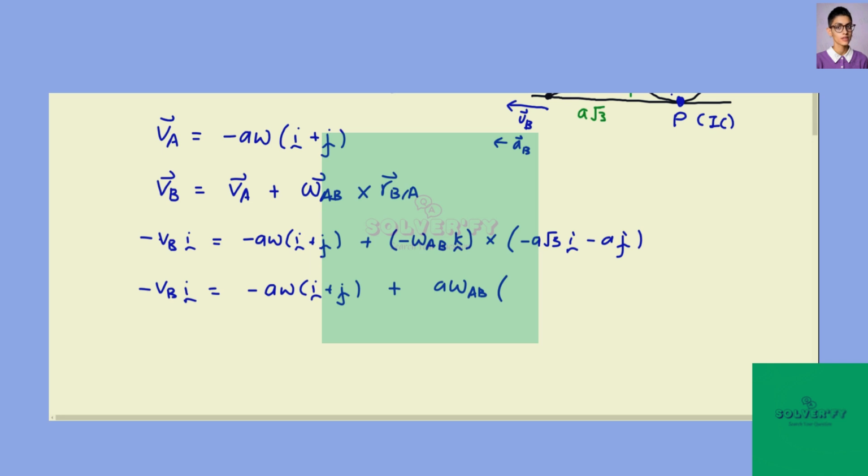I took out all the minus signs, so it becomes positive. Then K cross I gives plus J, and then we have minus I. Then we group the terms: minus A omega minus A omega AB I plus A omega AB root 3 minus A omega J.